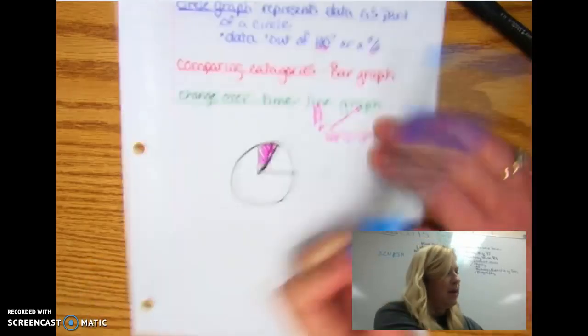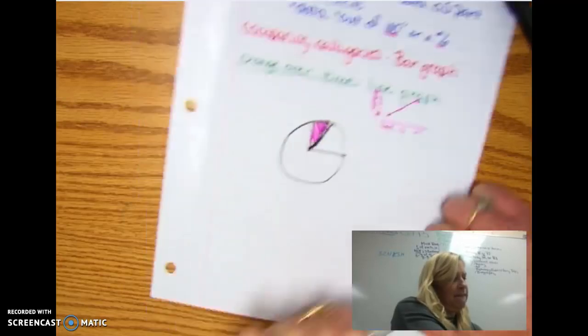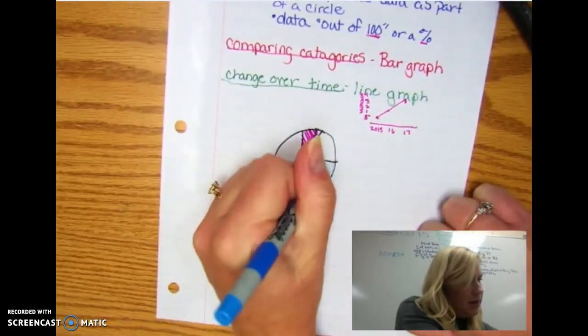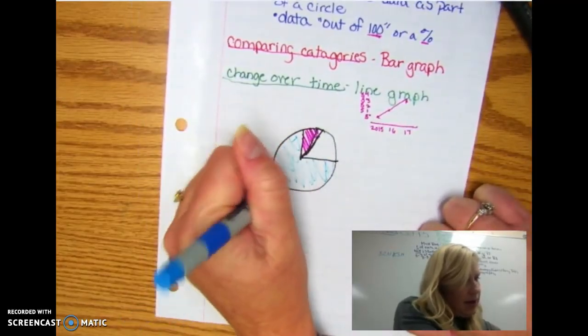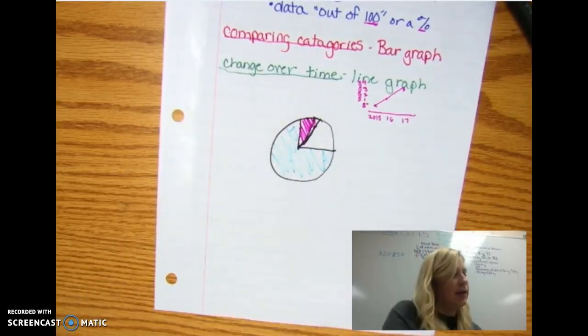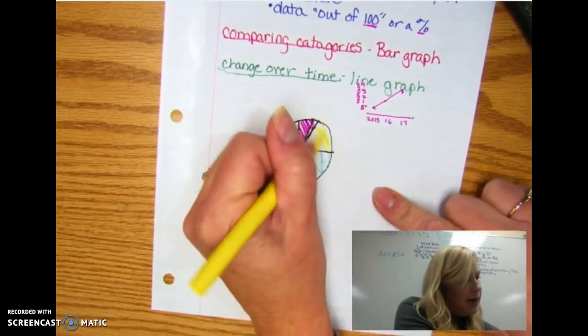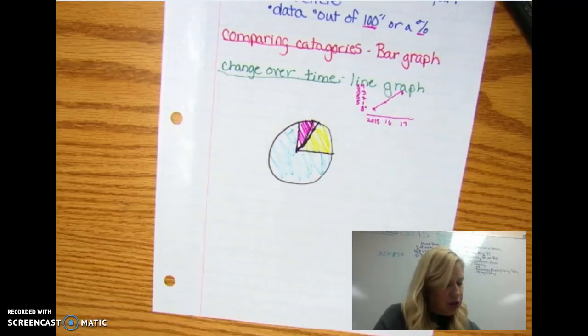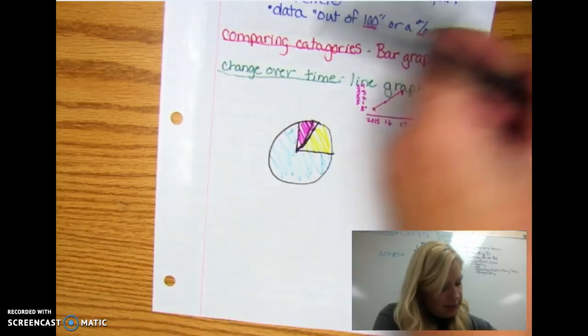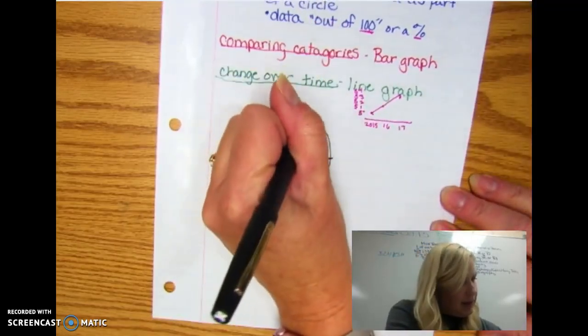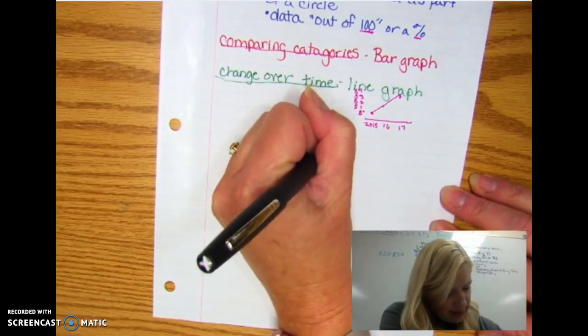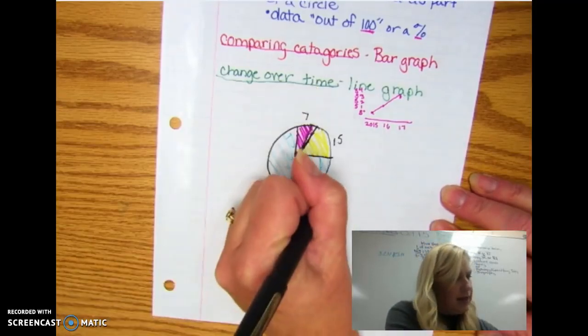I'm going to do a blue here, and I'll do a yellow in the other one. These are, and I'm going to put the numbers that should add up to 100. So this is going to be 7, this is 15, and this is 78.